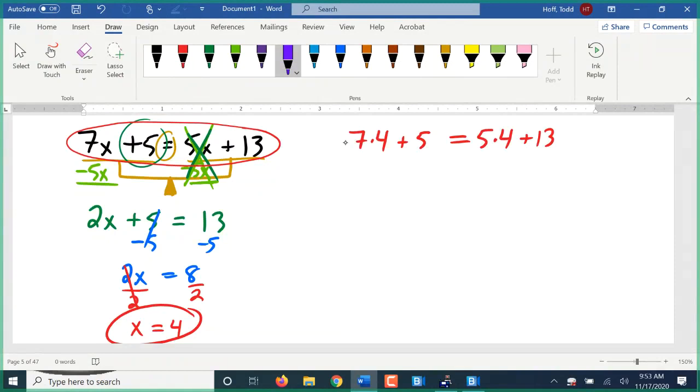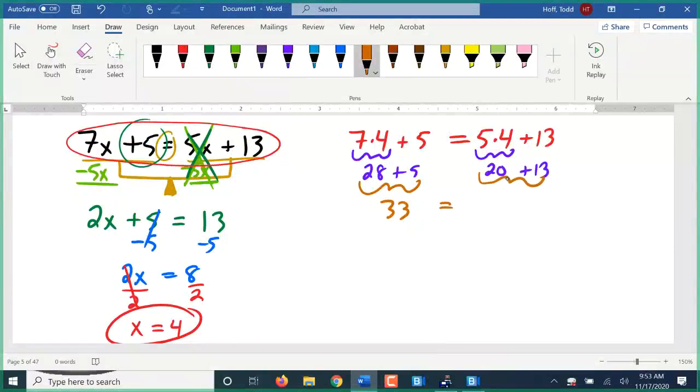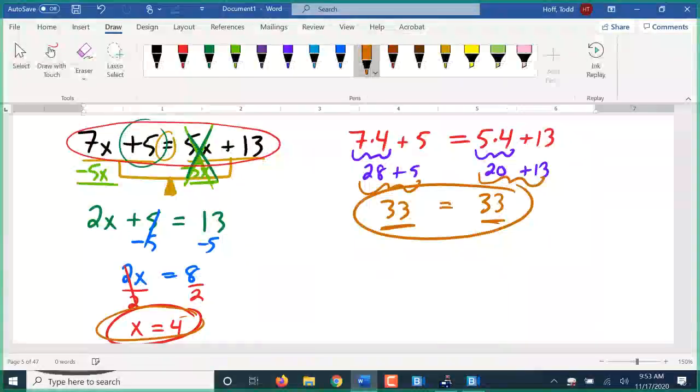On the left side, we'll multiply first. 7 times 4 is 28. 28 plus 5 is 33. On the right side, we have 5 times 4 is 20. 20 plus 13 is 33. So we have 33 equals 33. That affirms that x equals 4 is a valid solution to that equation.